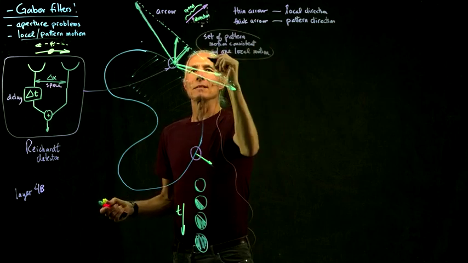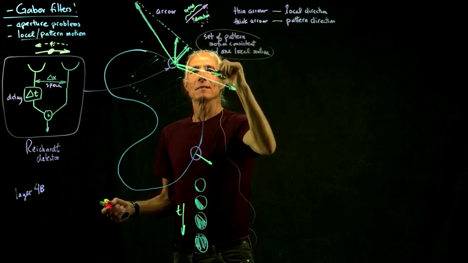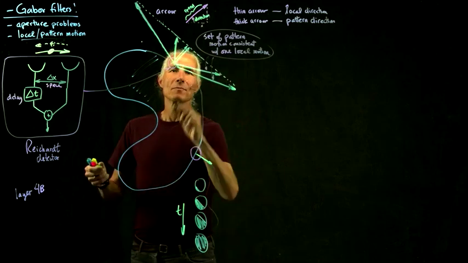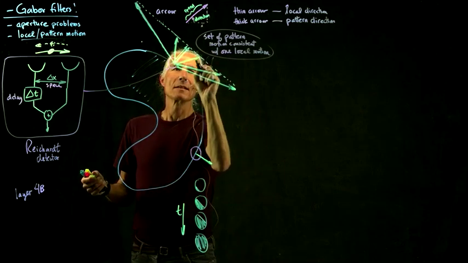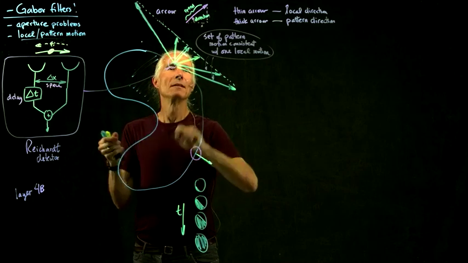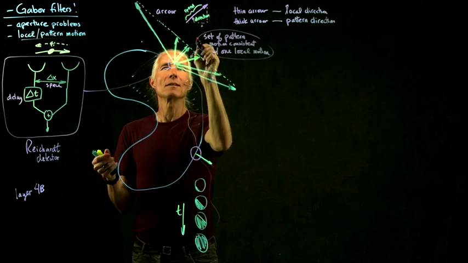That's what this whole collection of arrows is. It's the set of pattern motions that could have caused that one local motion. All of these guys.